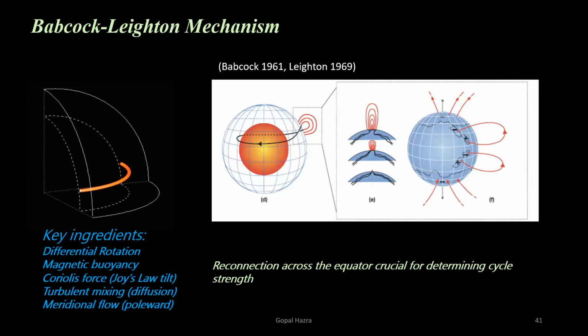With time they go towards the equator, the equatorial migration, and then this negative, positive actually cancel out. But there is a meridional flow, which was discovered by helioseismology, a large scale flow like our oceans on Earth. This actually diffuses this field to the pole and creates the poloidal field.